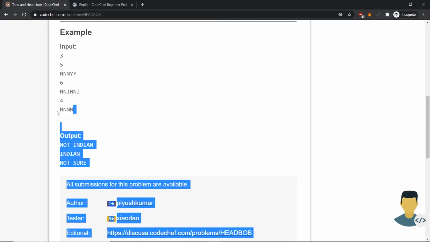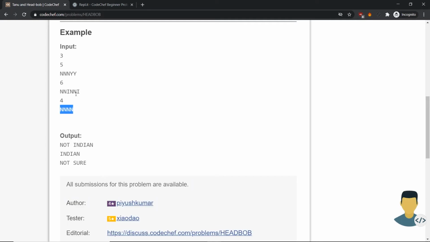And if there's no I, and also no Y, meaning I is 0 and Y is 0, then we are not sure.